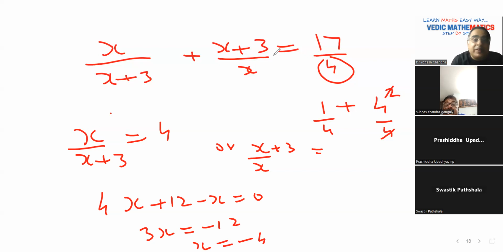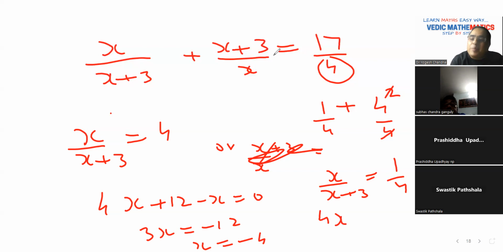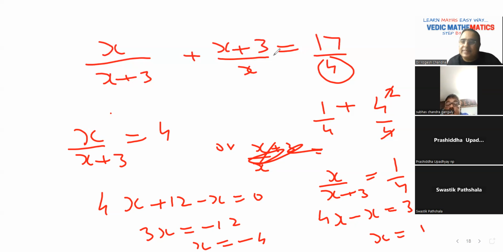And here, if you have x plus 3 is equal to 1 by 4, that means 4x minus x is equal to 3. Is it correct? So x is equal to 1. Is it clear now?